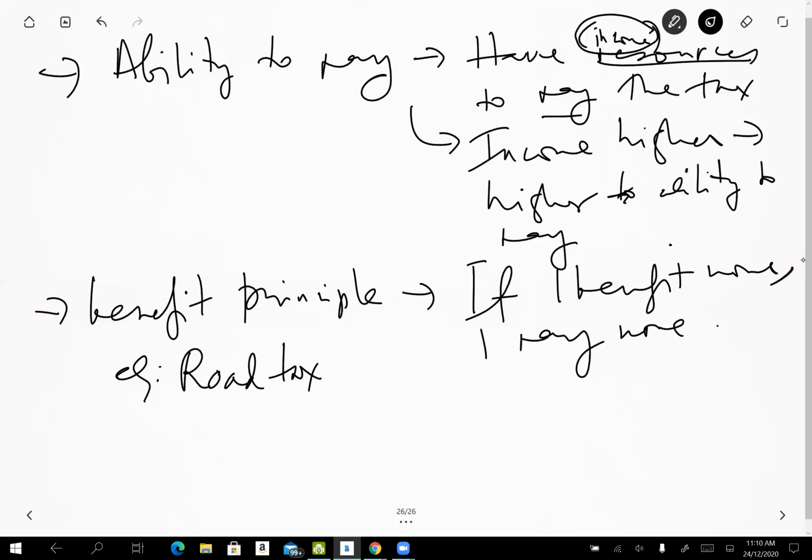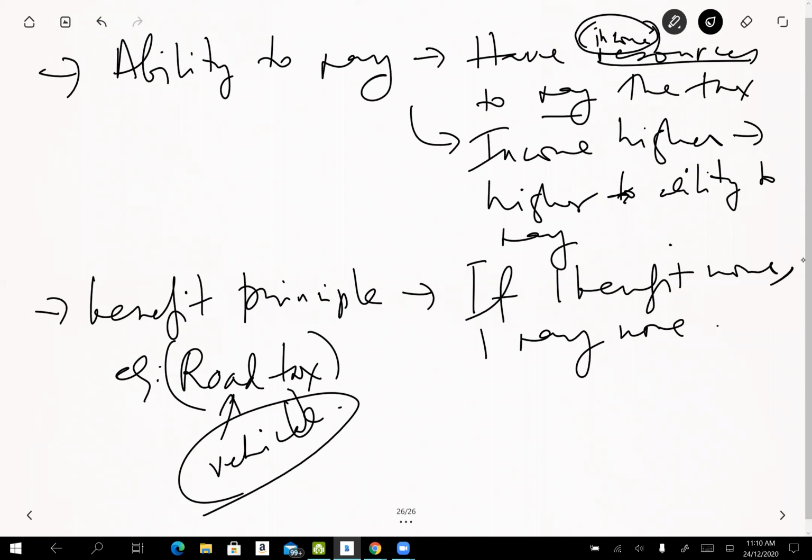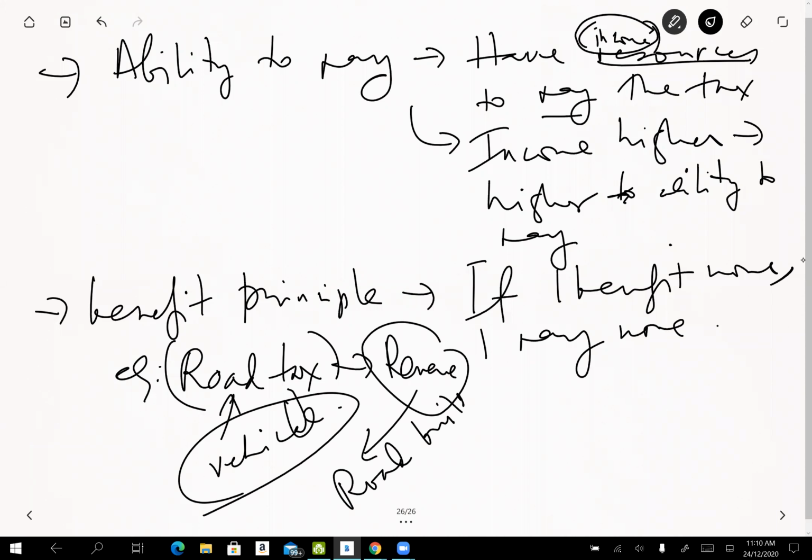The tax that you pay when you have a vehicle is the road tax. The revenue from the road tax will go to road maintenance, or the building of new roads. Under the benefit principle, I use the road, I pay tax, I benefit.